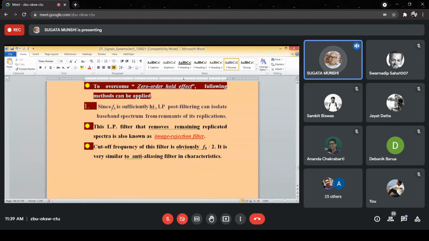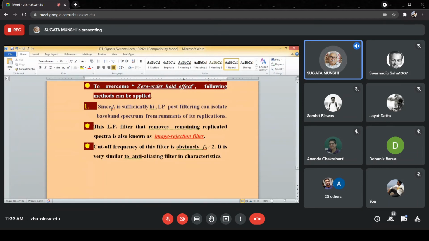So it only allows the baseband spectrum to pass through, but blocks the contributions from the remnants of the replications, the images. Therefore, this low pass filter is also known as the image rejection filter.